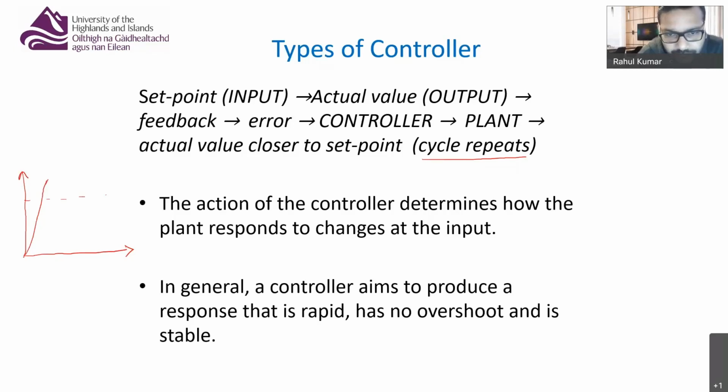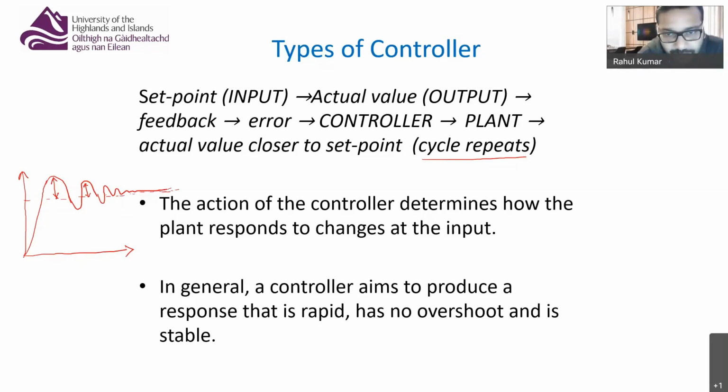So maybe there was some initial error in the first cycle. Now the controller adjusts that error or tries to reduce it. In the second cycle, the error reduces, and gradually finally you get your response around the desired value.